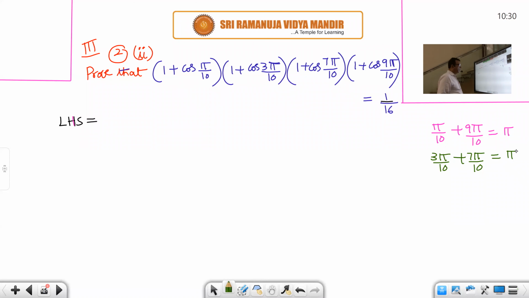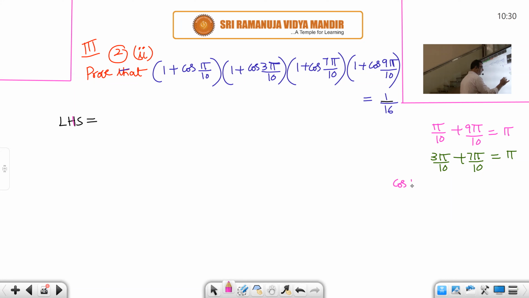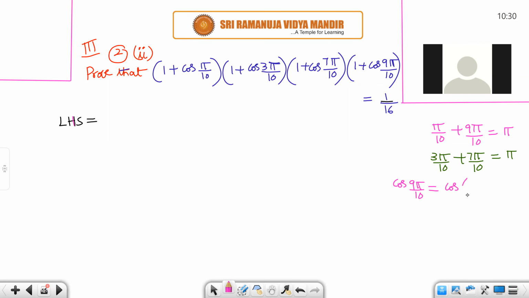So tell me, just 1 minute. What is cos pi by 10 equal to? Cos 9 pi by 10 equal to? How do you write it? Using this formula, sir.